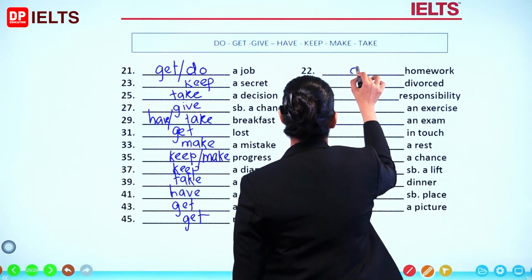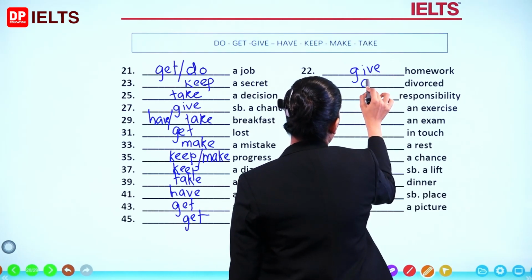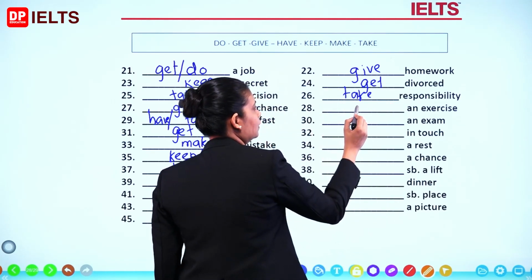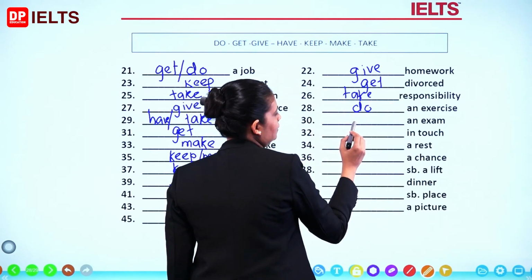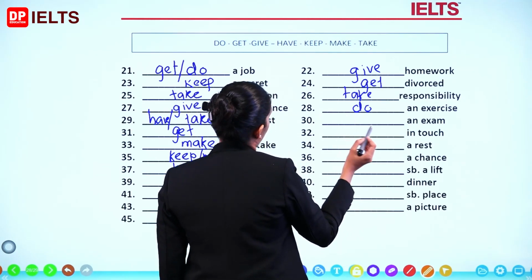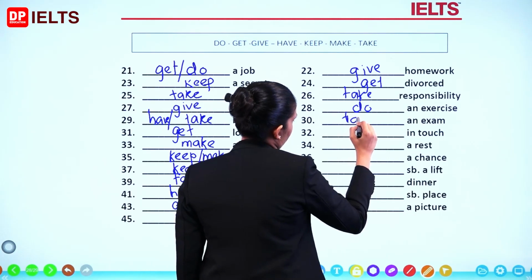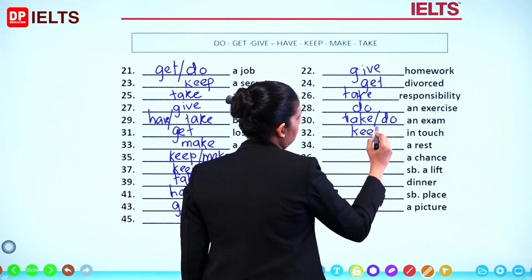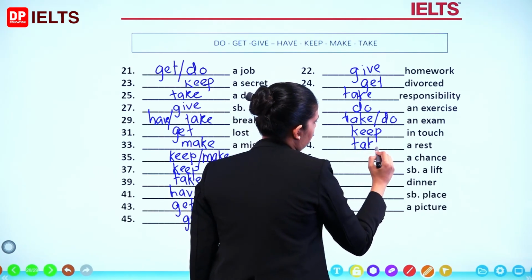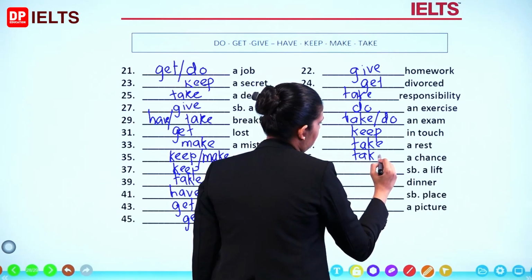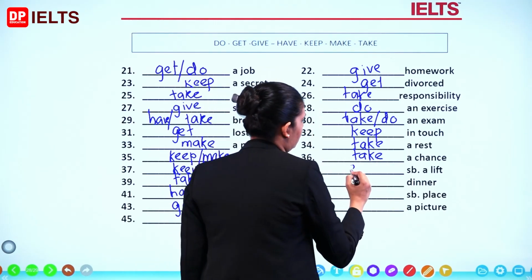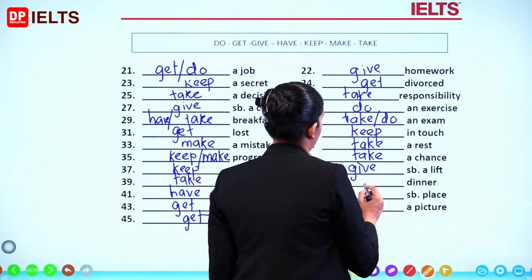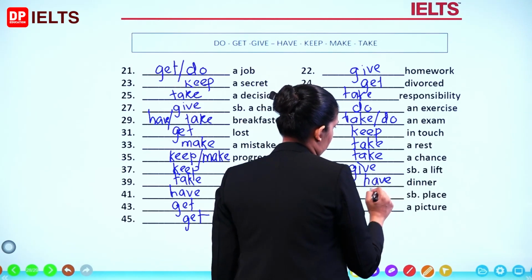give homework, get divorced, take responsibility, do an exercise, do an exam, take an exam, keep in touch, take a rest, take a chance, give her a lift, give him a lift, okay, have dinner, right?